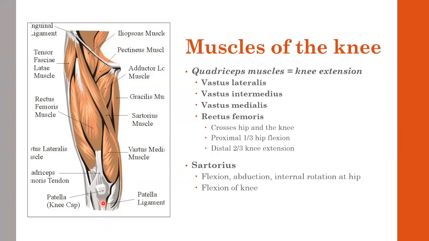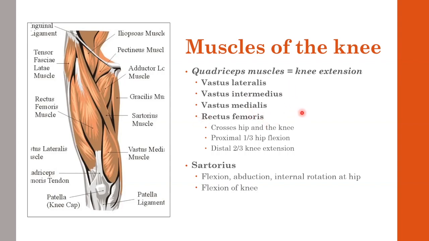Another important muscle here is our sartorius. And just like our rec fem, our sartorius crosses the hip joint and also inserts on the medial aspect of our knee joint and aids in knee flexion. The quadriceps group as a whole is responsible for knee extension. However, for hip flexion, the only muscle of the quadriceps group that acts on the hip will be the rec fem.